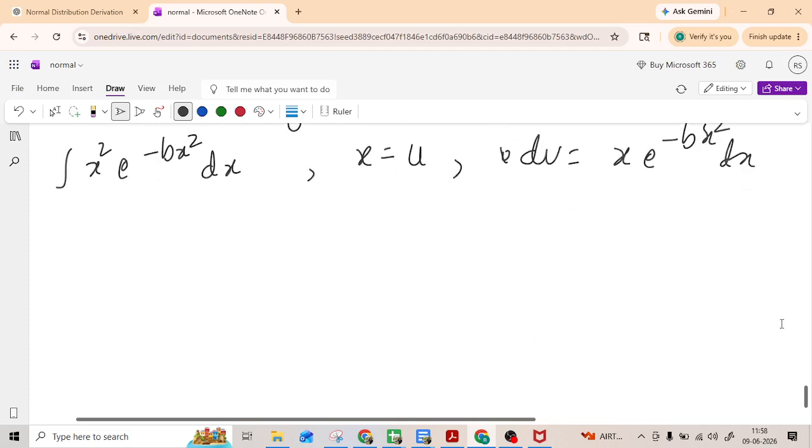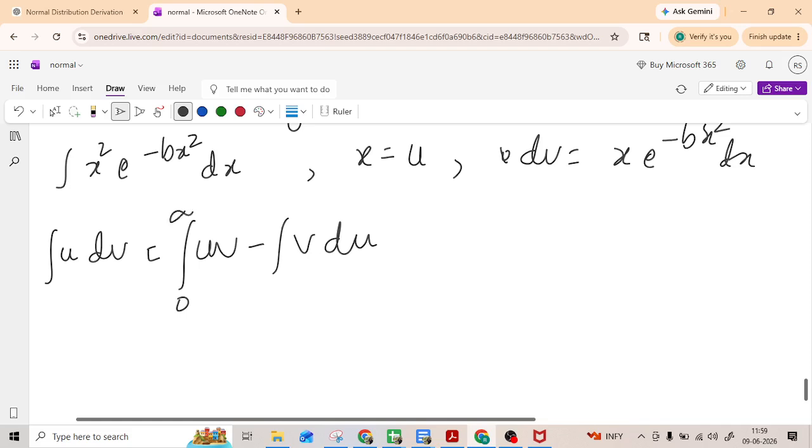So what we got over here, when you do this, u dv is nothing but uv minus v du, and this obviously is with the integration of whatever we had. So it was 0 to infinity, because we had done this. So let's write it back over here.